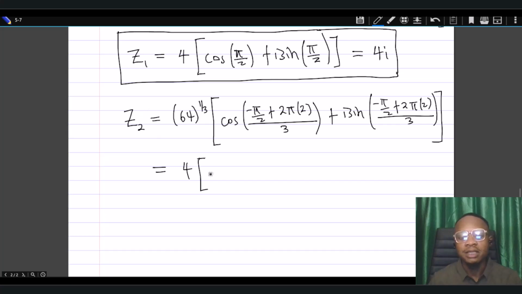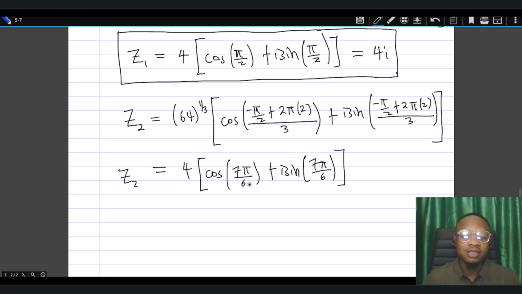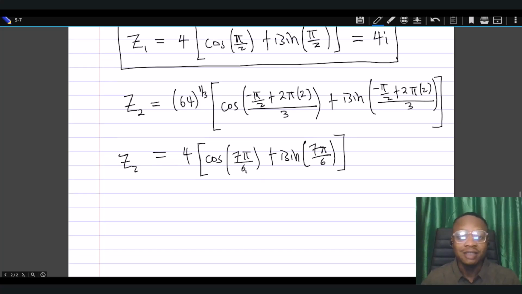So basically, this gives us the cosine of 7 pi over 6, then plus i multiplying the sine of 7 pi over 6. Okay, so we close this off and close this off. So that's our z2. Okay, but this is out of range because this is greater than pi, so this is not a proper way to put it if we want to have a standard argument.